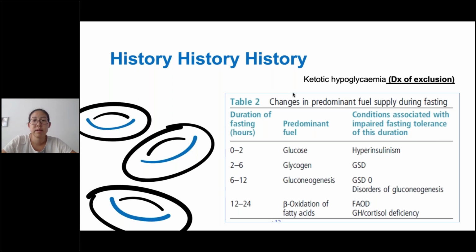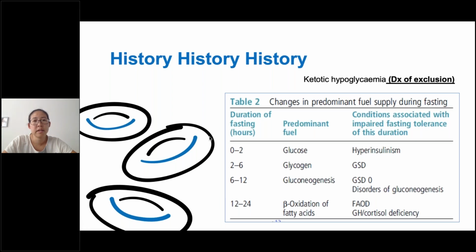But ketotic hypoglycemia is a diagnosis of exclusion. So as part of your history, you would have gotten an idea of how much she actually fasted. So it gives you the timing of the hypoglycemia. It gives you an idea of which fuel is the problem that is affected, as you can see from this table. And it can give you an idea of which conditions you should be thinking of.